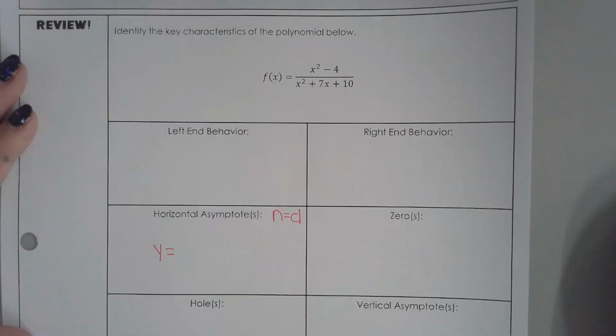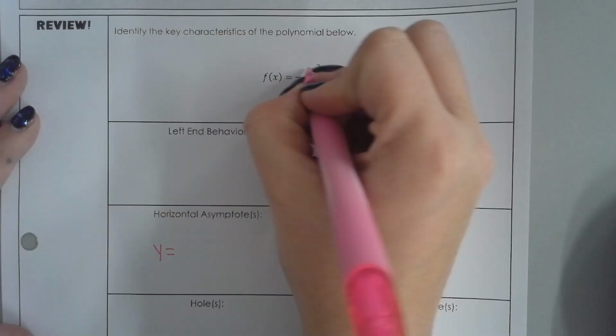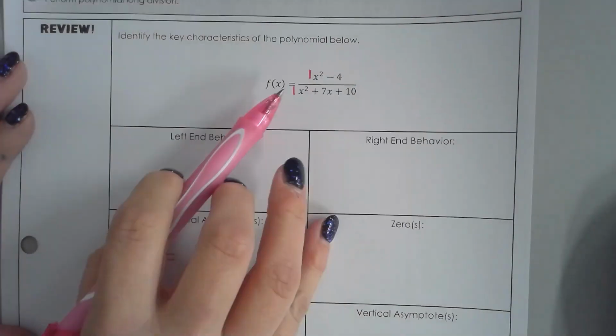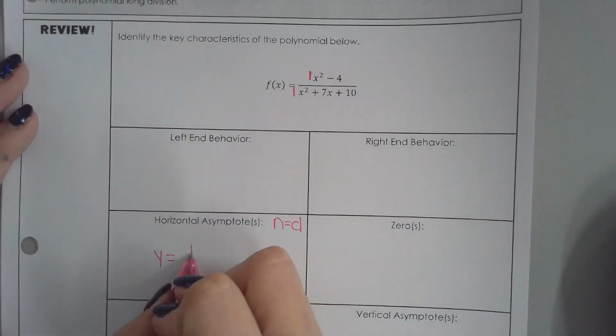Asymptote y equals, it's your a over b. So my a is 1 and my b is 1. So 1 over 1.